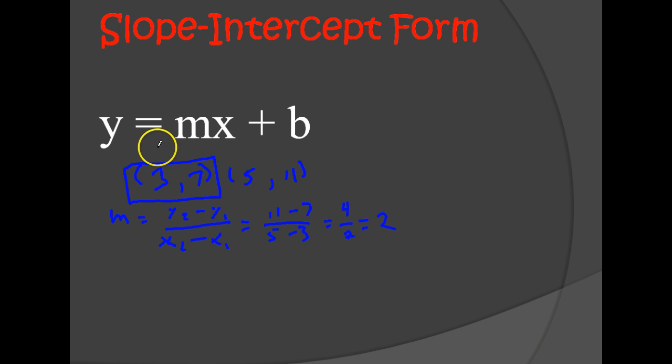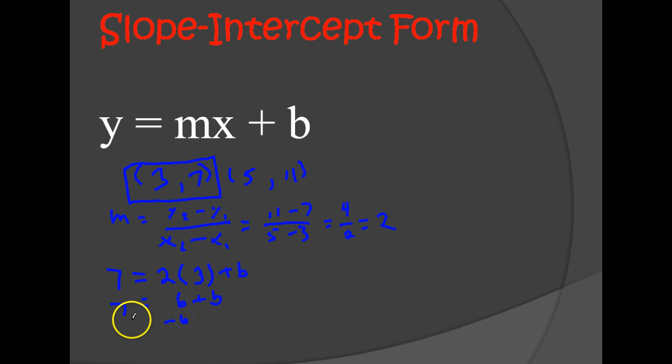It's just when you write your final equation of the line, the y and the x have to be there as variables. So y, my 7 value, equals m, my slope is 2, I found that out, x is 3, plus b. 2 times 3 is 6. Okay, now I'm going to solve.